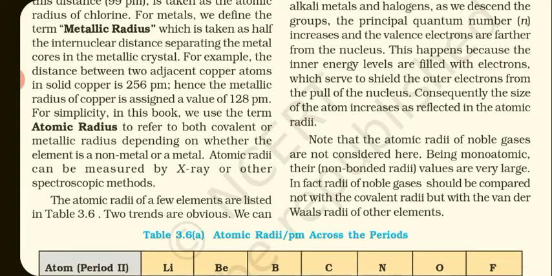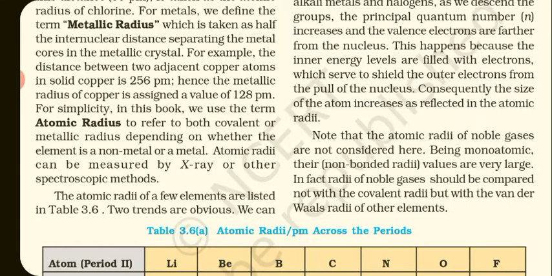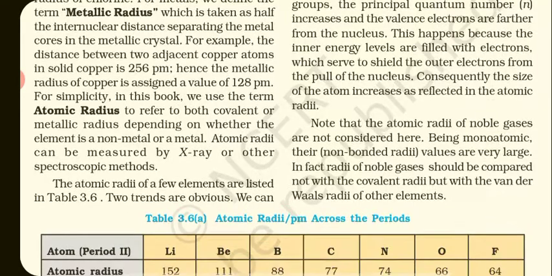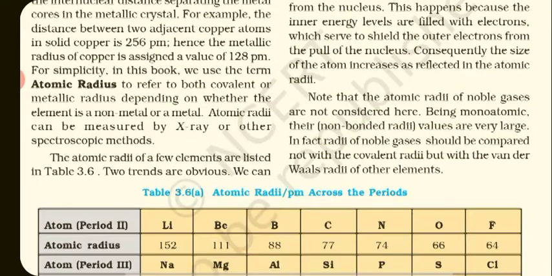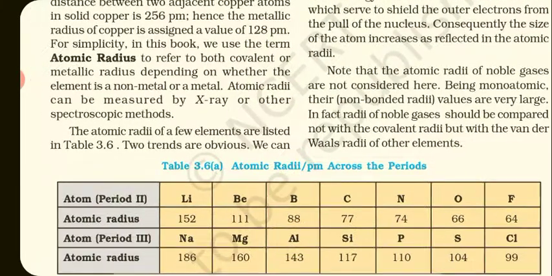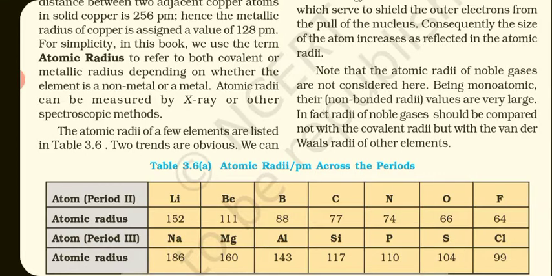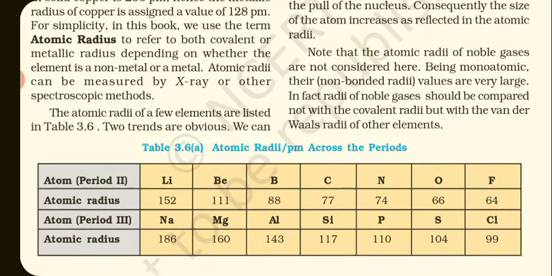For metal, we define the term metallic radius, which is taken as half of the internuclear distance separating the metal cores in the metallic crystal. For example, the distance between two adjacent copper atoms in solid copper is 256 picometer, meaning 10 raised to power minus 12 meter. Hence, the metallic radius of copper is assigned the value of 128 picometer.